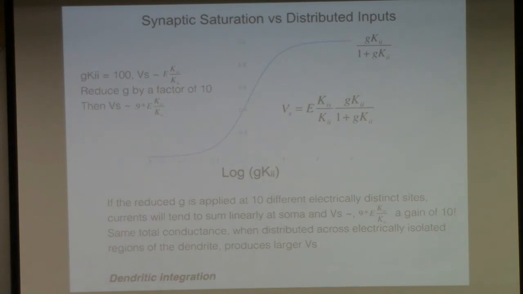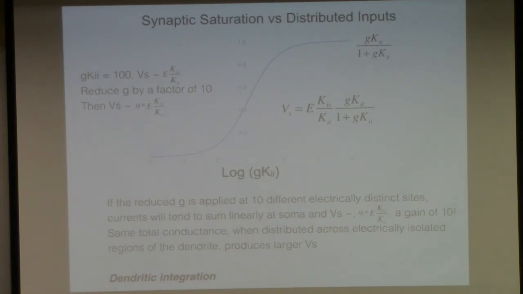And its advantage to a neuron is that if the dendritic tree is large enough to support electrically distinct regions, the same amount of conductance more effectively will drive that neuron to produce a larger voltage response at the soma. Maybe that's important computationally. Maybe distributing inputs in this way helps assure a larger depolarization in the soma and helps assure that a neuron fires.